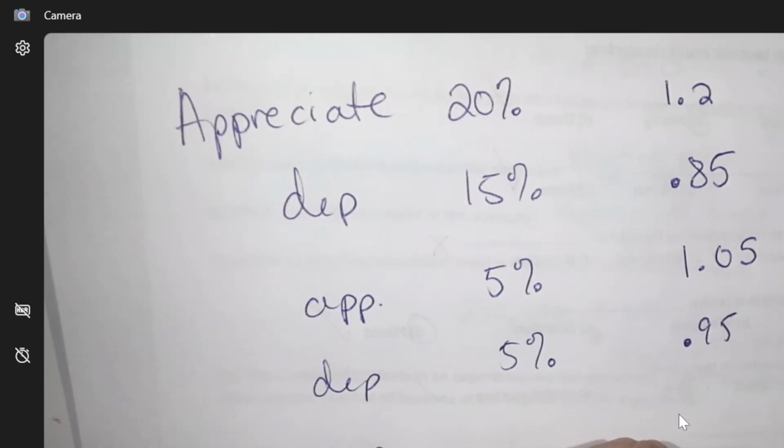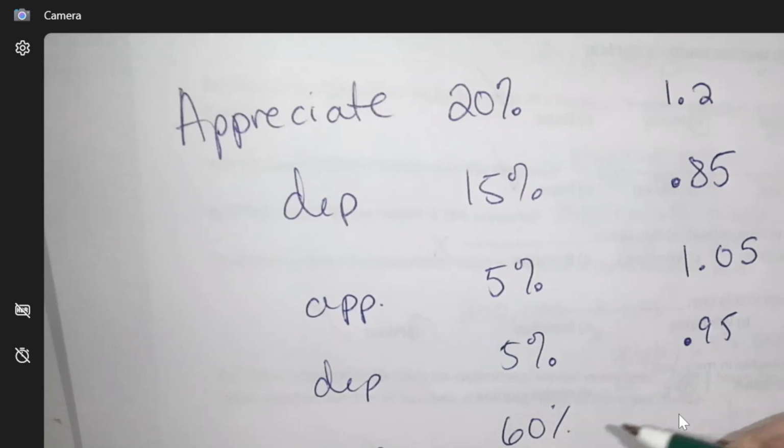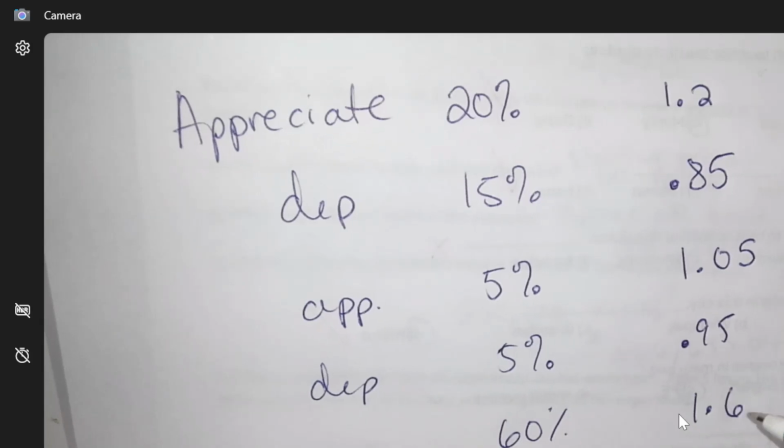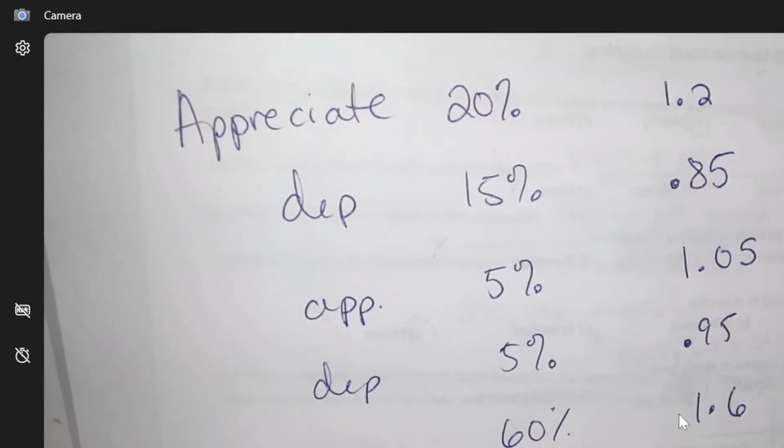What if you appreciate 60%? 1.6. You got to be bigger than 1 because you're appreciating. What if you depreciate 60%? 0.40.